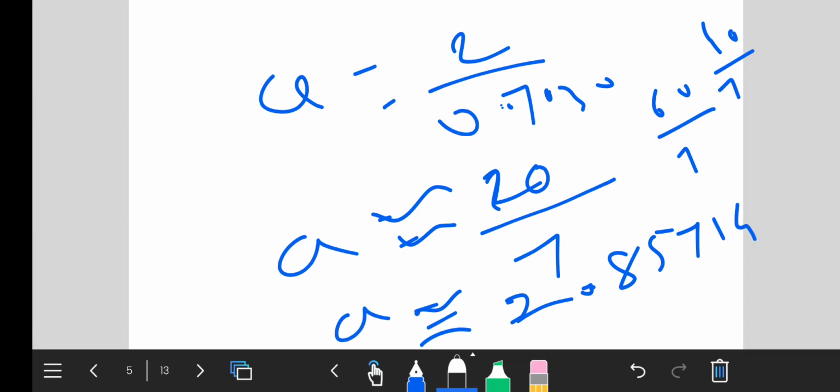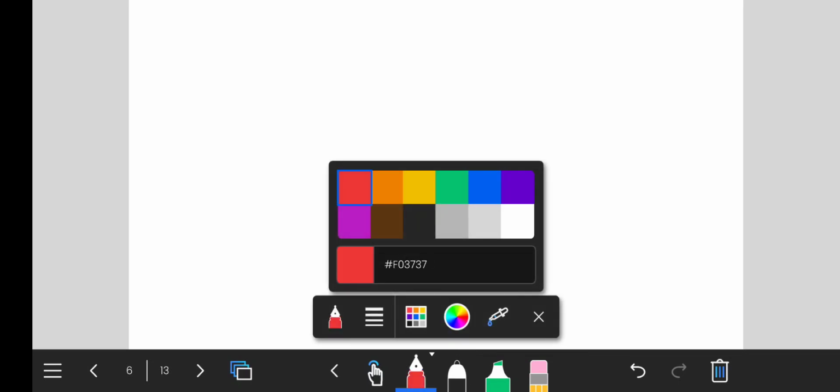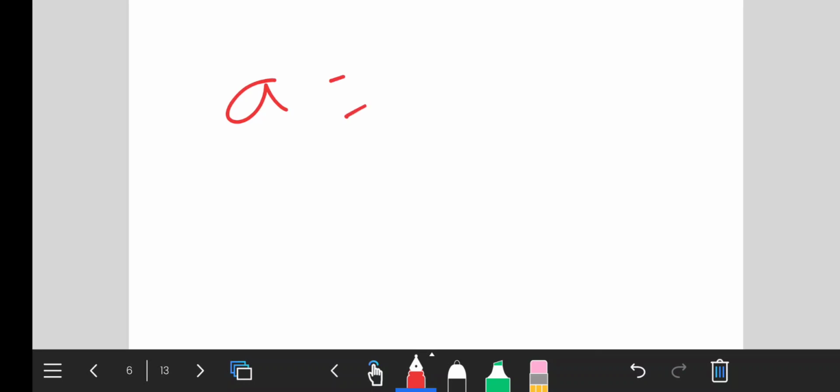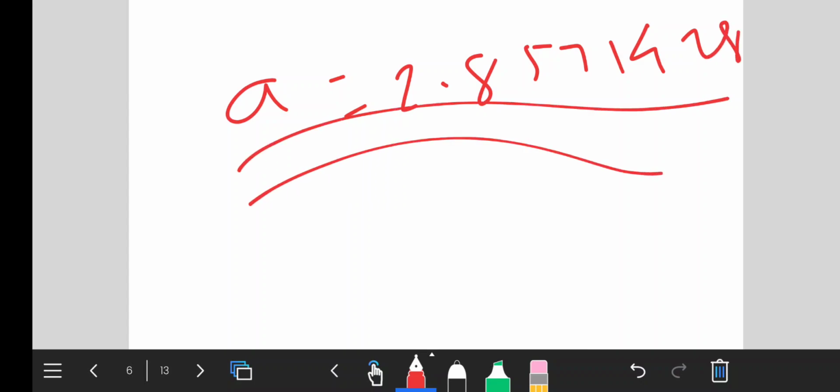So our final answer is a equal to 2.85. Finally our answer becomes a equal to 2.85711428. This is our answer.